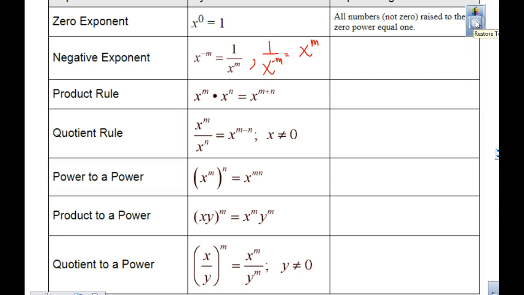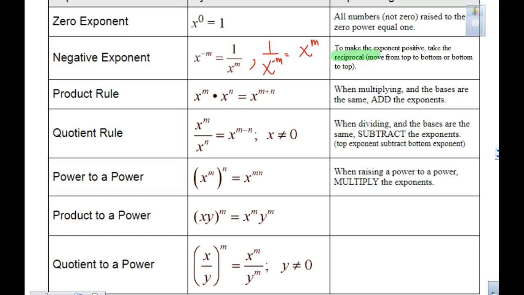I'm going to leave it all up here so that you'll be able to write with it. I'm not going to take it out and write everyone down. This next one, negative exponent, the keyword we want to associate with that is that we are doing the reciprocal. In your notes you would put: multiplying same base, add exponents.